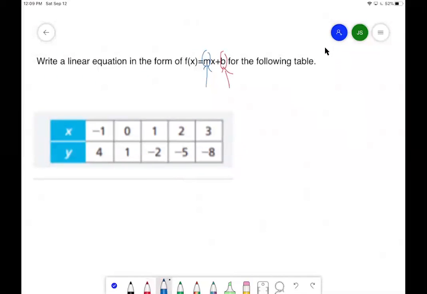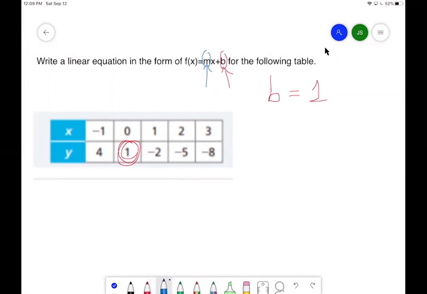I like to start with my y-intercept because it's the easiest one to identify. Remember that in the table, all you have to look for is where is x equal to 0, and you just take the number that's underneath it, which is the y. In this case, we have a y-intercept of 1 because that's exactly where my line is hitting the y-axis.